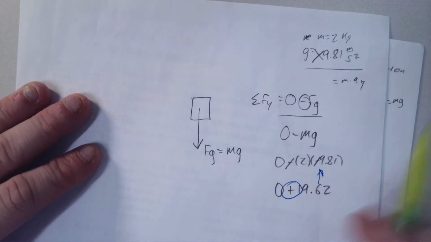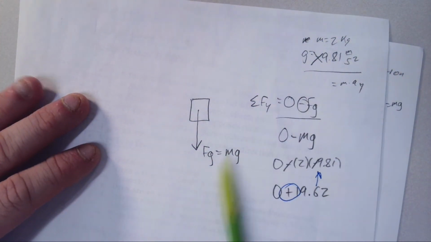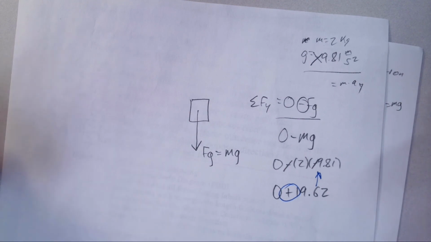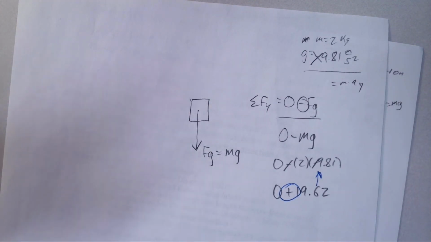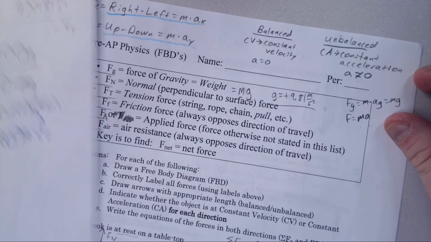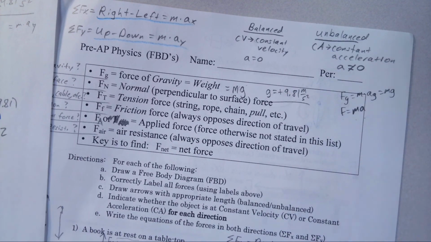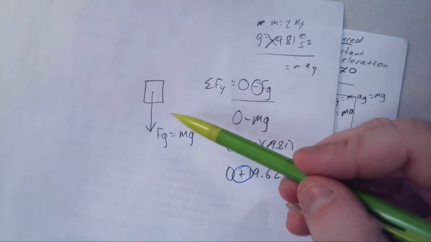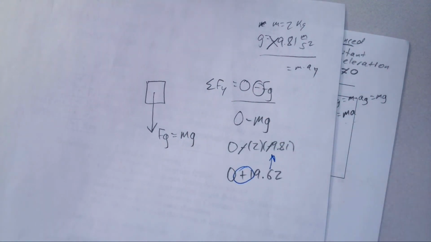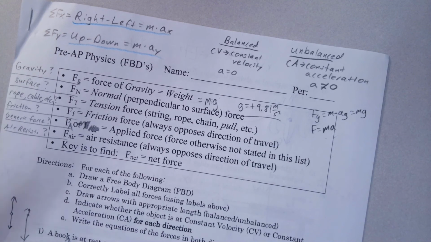So it's not like we're saying gravity is now going up. No, we're just saying the acceleration of gravity is 9.81 meters per second squared, but we're not giving it a direction. We're not telling it direction because we're already doing it here. If we do it twice, it will undo what we're doing. Okay, so that's why that's positive.